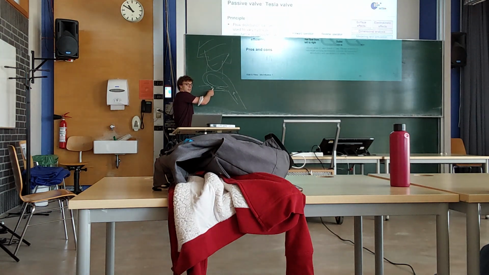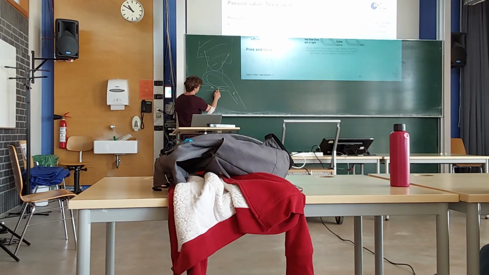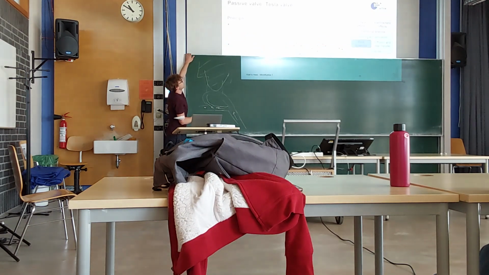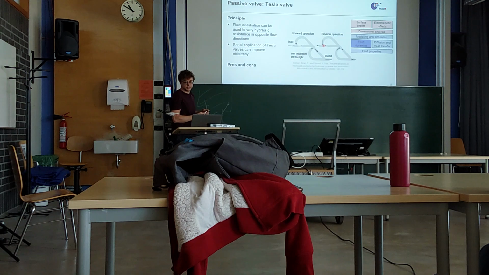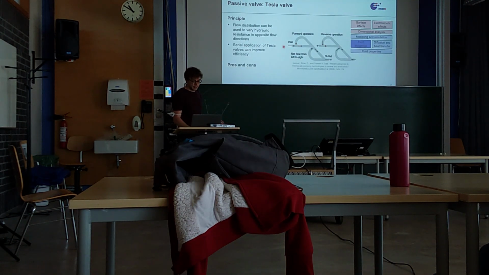Is that clear, the idea? The liquid will separate at this position, it will move alone, and then you will push it out of your channel in this direction. And this will definitely work against the flow that comes from this direction and basically reduce the total flow out of your system. So this means that in this direction the flow is faster because it will simply neglect this side arm, and it's slower for this reverse operation direction.